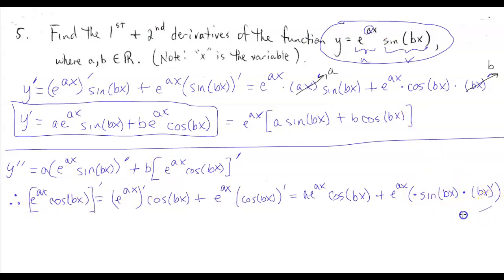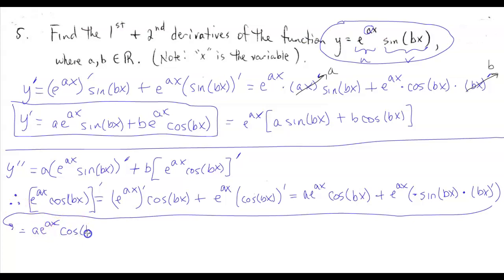All right, and so from there, if we keep going here, we'll see that we have a e raised to the ax cosine of bx, minus, because we have that minus here.